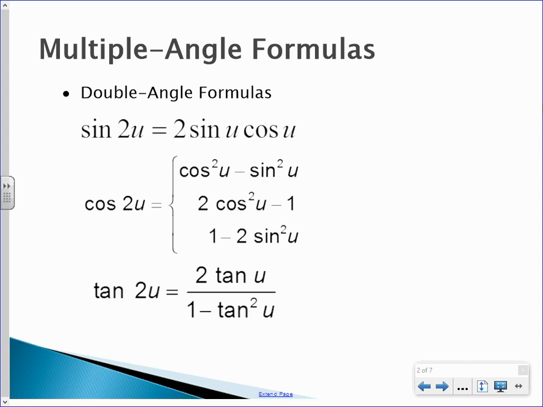Okay? Just because these have 2u doesn't mean it has to be 2x or 2y, 2 theta, 2u, whatever it is. These can be applied even if the angle were to be like 6u. Okay? Or let's say 6x. If our angle is 6x over here, what would the angle be when we apply the formula?